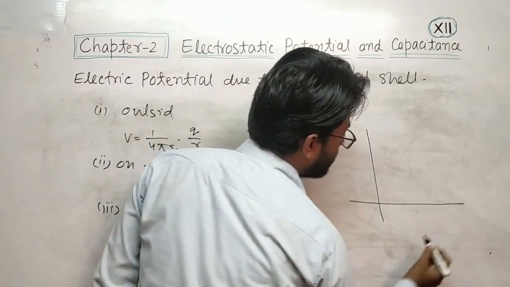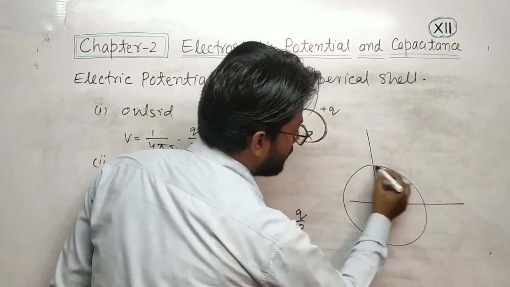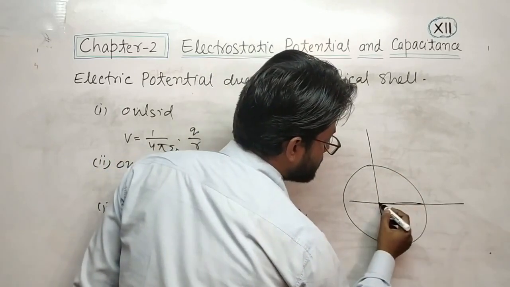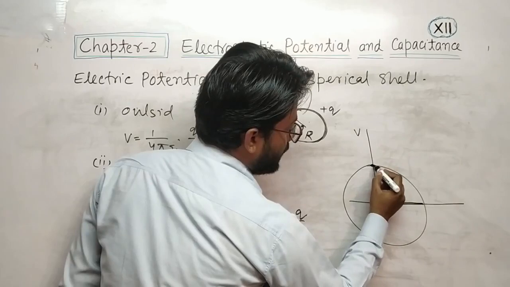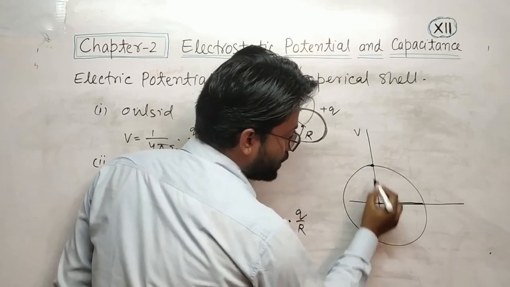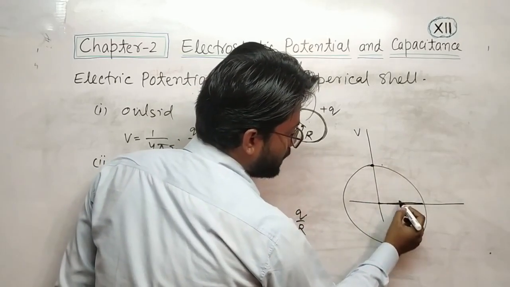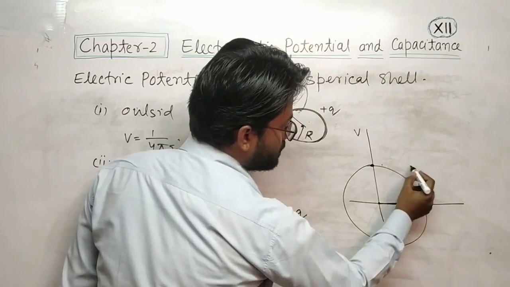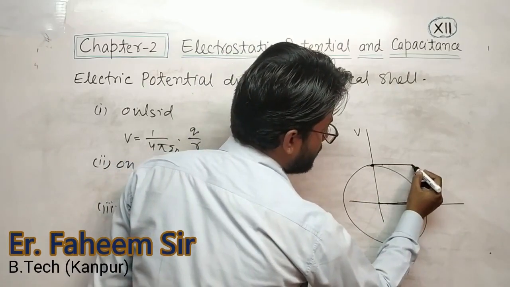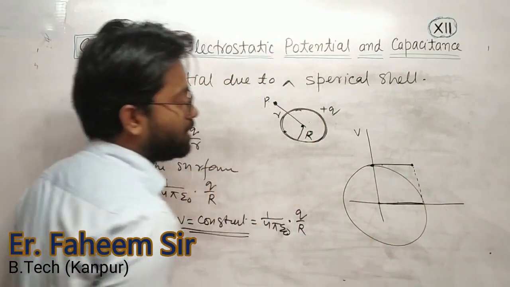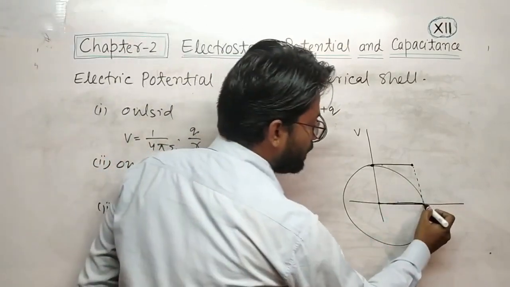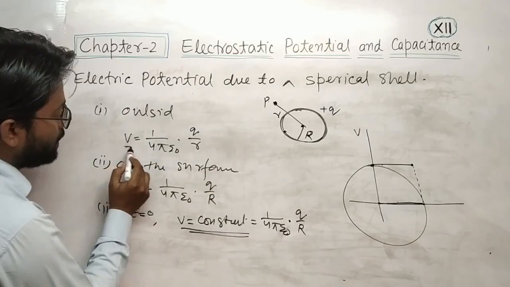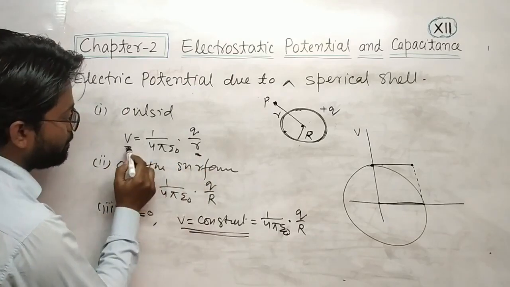If we draw a graph, this is the distance r and this is potential V. Potential is constant at any point inside, up to the periphery of the spherical shell, and after that the potential decreases.